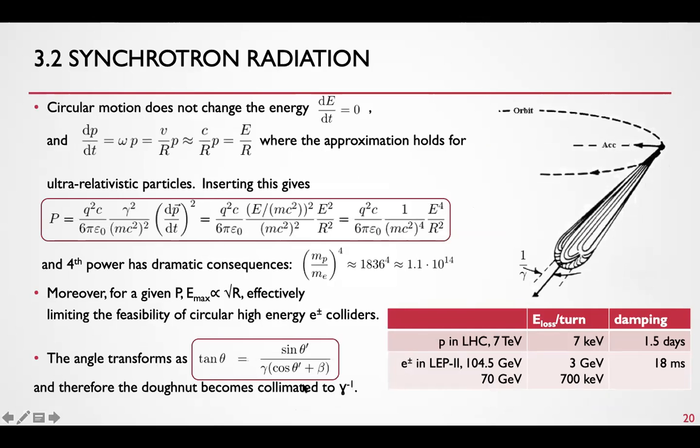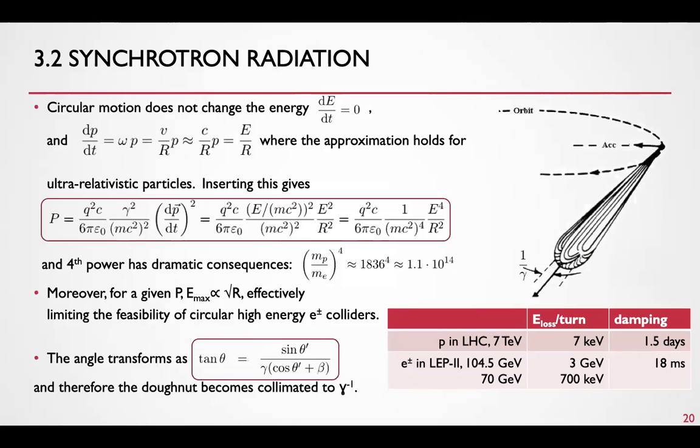I gave the formula here. It's not important to derive it. Maybe I just put it here for my own education. So the synchrotron radiation from an accelerator is really going into the direction of the movement and leaves the particle tangentially. It just leaves the particle beam and then hits the wall somewhere.